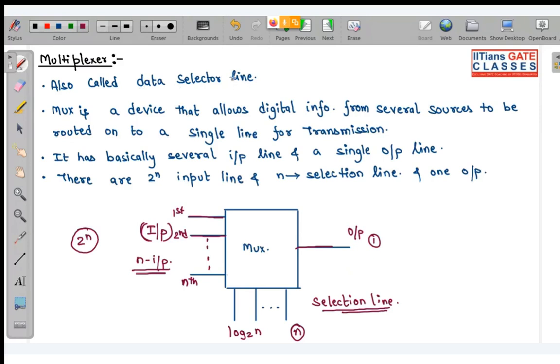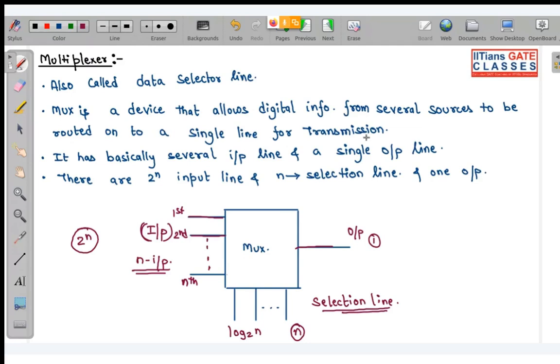So this is also known as a data selector. Why data selector? Because in these inputs we have data, so we select which data should be transmitted to the output. That is why, in communication and signal processing, the multiplexer is also known as a data selector. A multiplexer is a device that allows digital information from several sources to be routed to a single line for transmission.